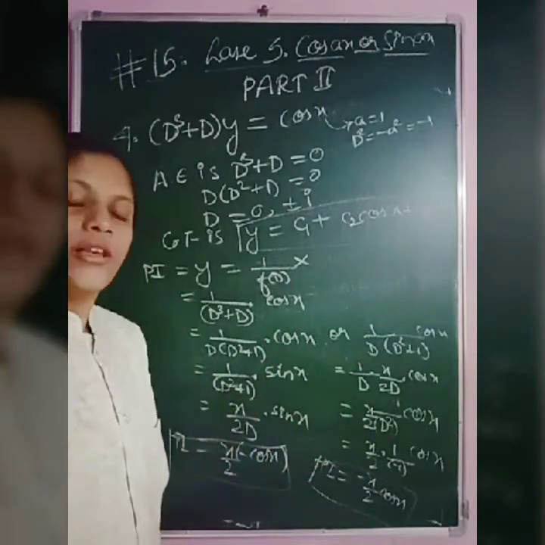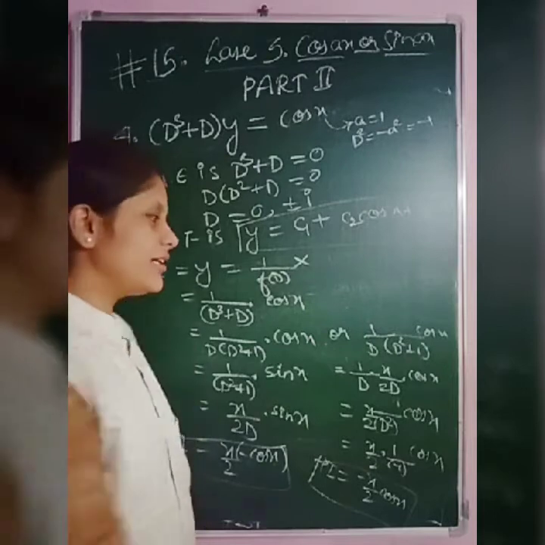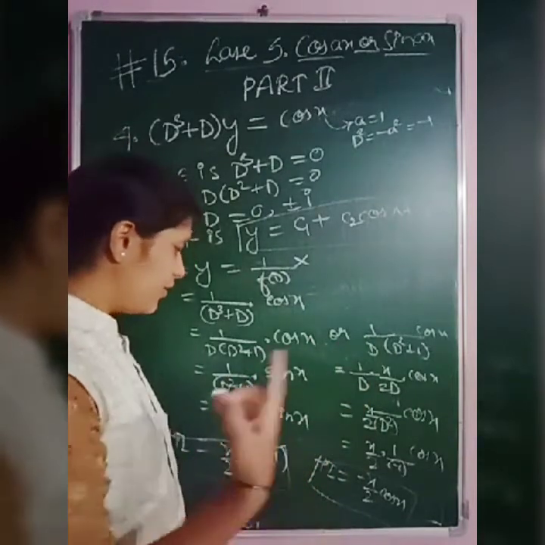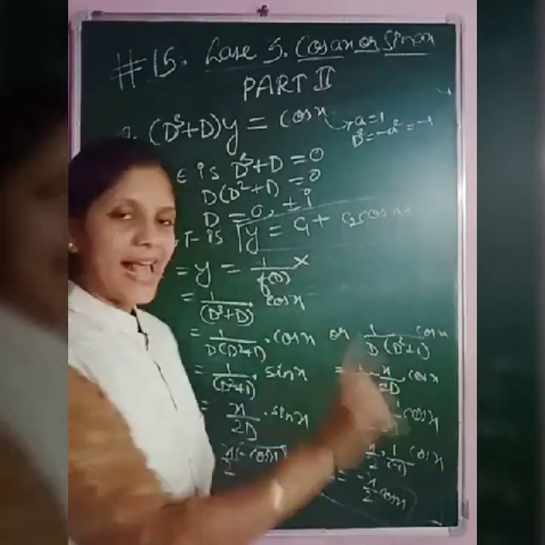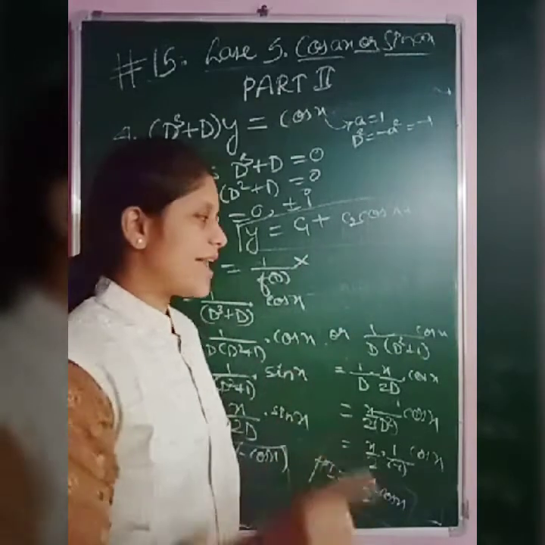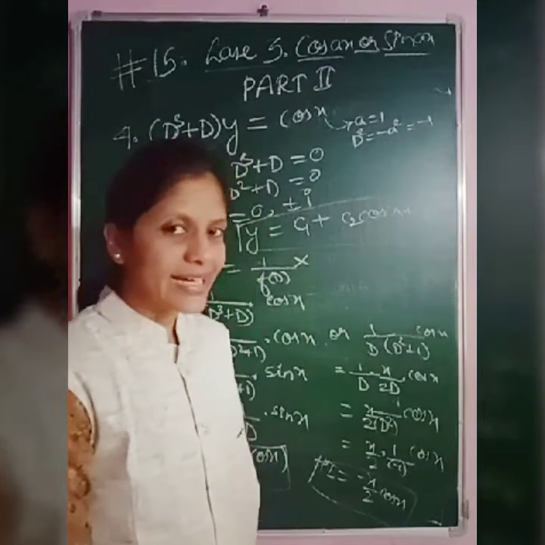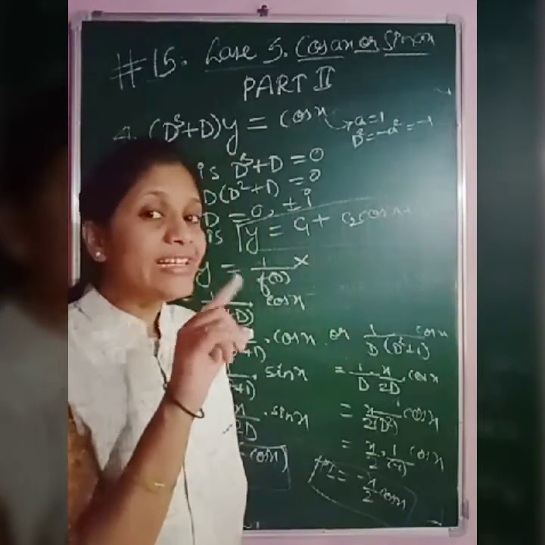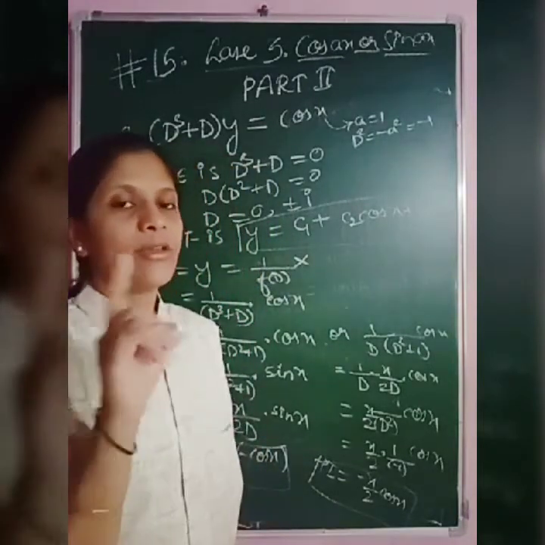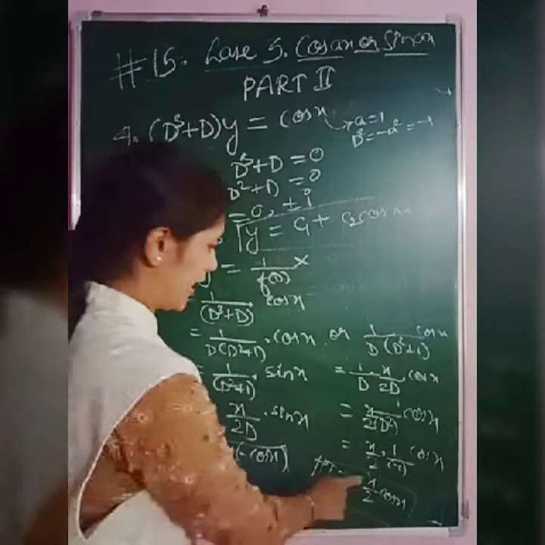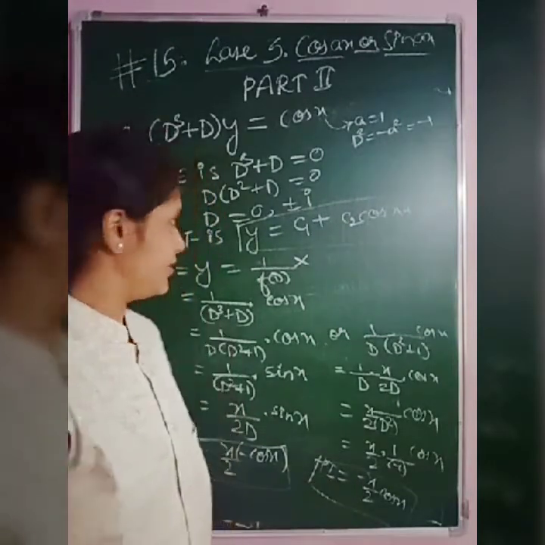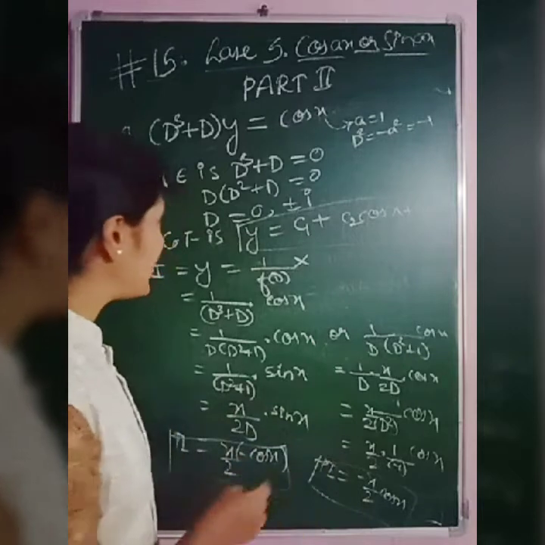Or, if at all you find integration more easy, then you can integrate. Or directly what you can do, 1 by D as it is. D square stands for wherever 1 upon f of D cos x or sin x is there. F of D square stands for minus a square. Like that you can also write. Right? So this is our pi.